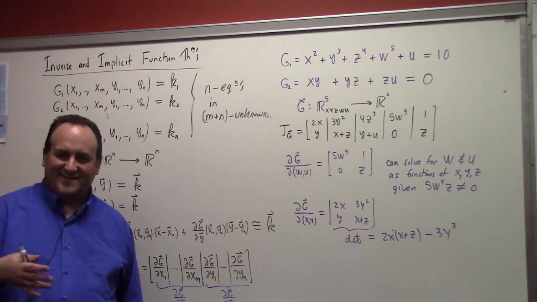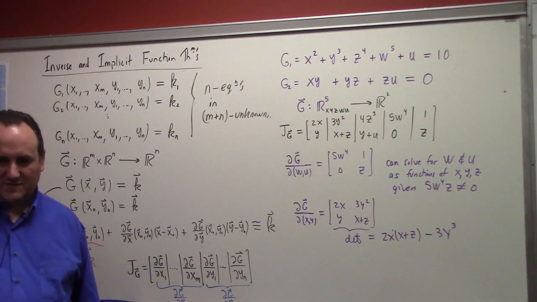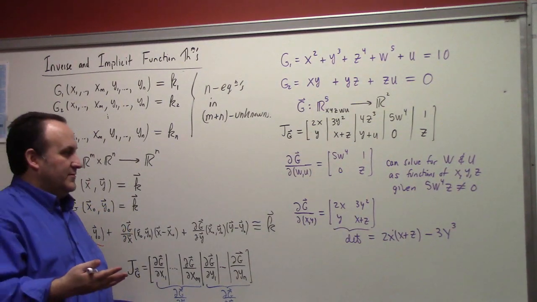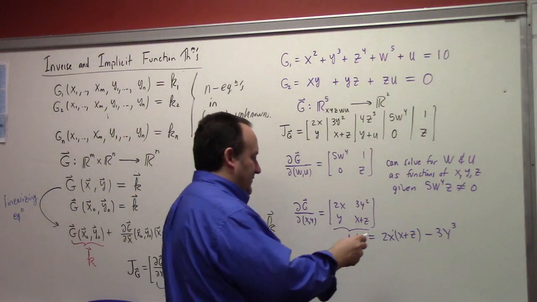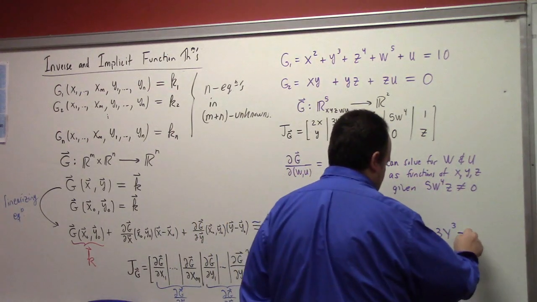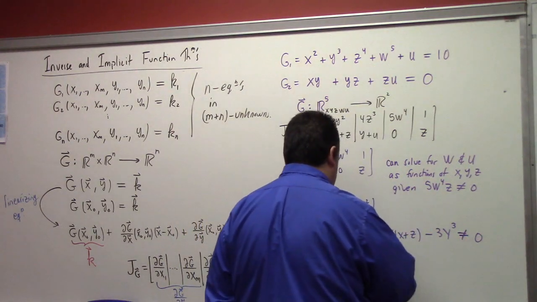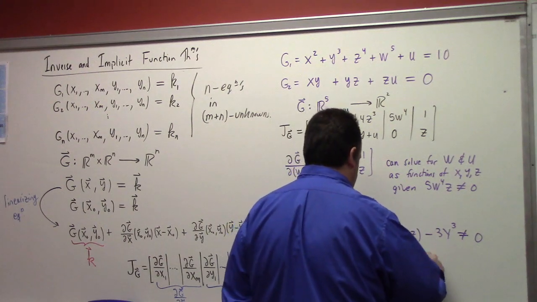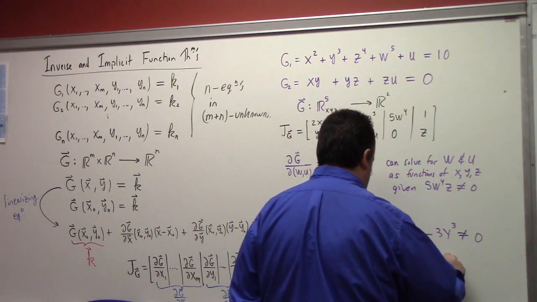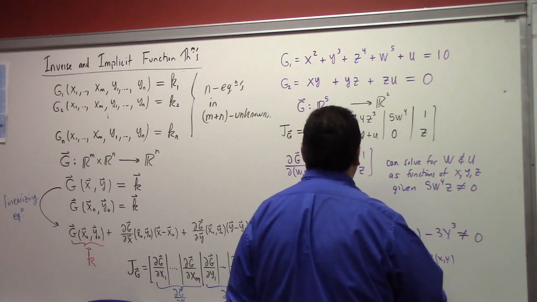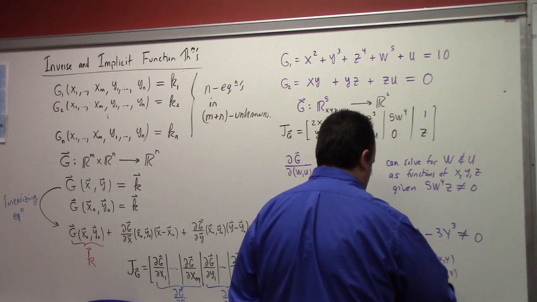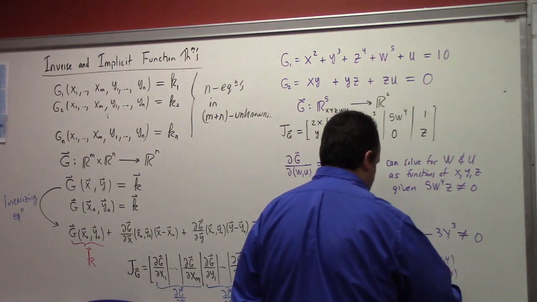So there's some fairly complicated region of points in the 5-dimensional space where we cannot write this. Whenever this is not equal to 0, then we can write z is equal to z of xy. We can write w as some function of x and y, and we can write u as some function of x and y.